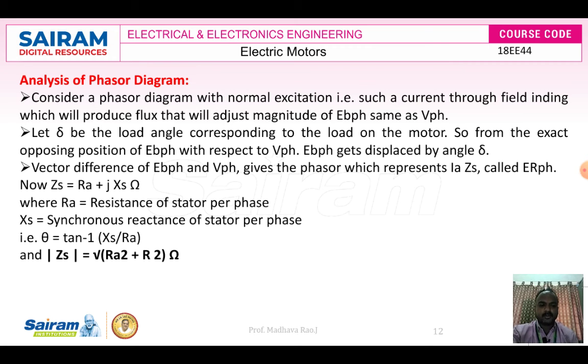We are measuring in terms of ohms, where RA is the resistance of the stator per phase and XS is the synchronous reactance of the stator per phase. EPH is the induced EMF. The vector difference of EPH and VPH gives the phasor which represents IA into ZS, called ERPH.